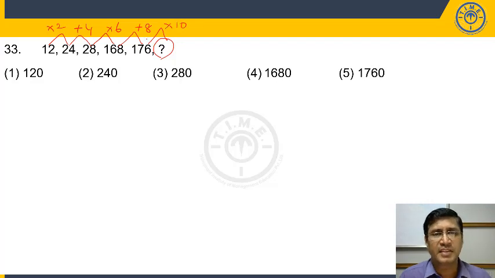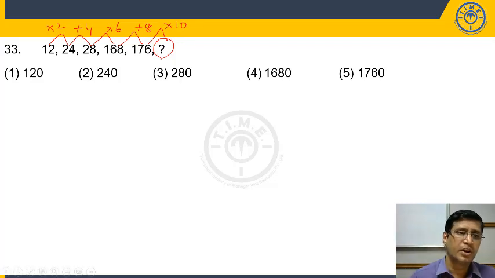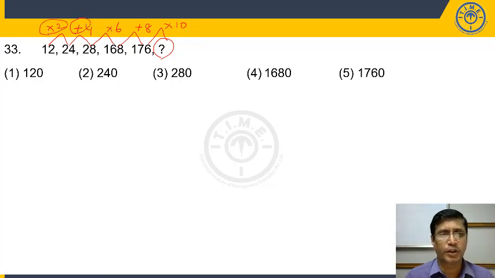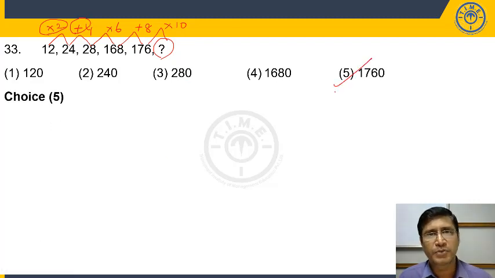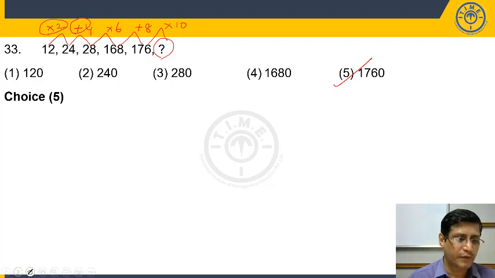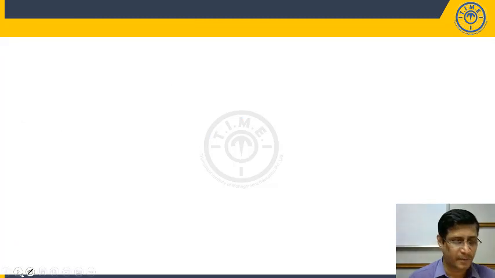The numbers are consecutive even numbers. One time it is multiplying, the other time it is adding. So into 2, plus 4, into 6, plus 8, into 10. So 176 into 10, the result is 1760. Option number 5. The fifth choice is the right answer.